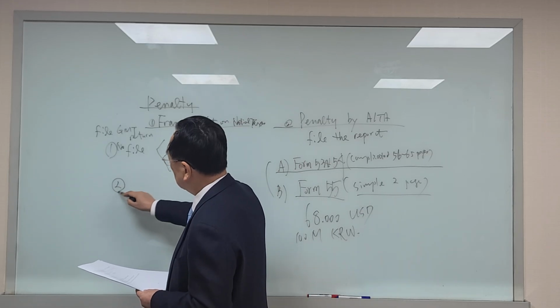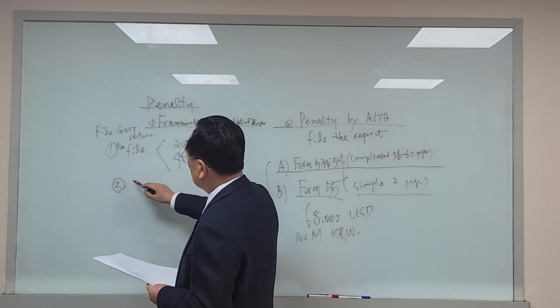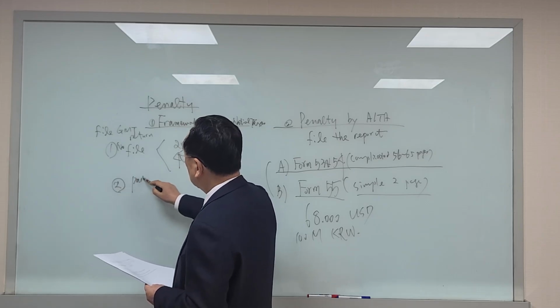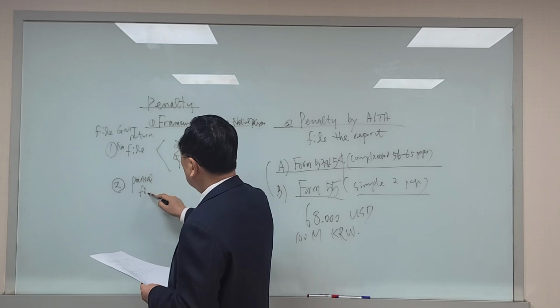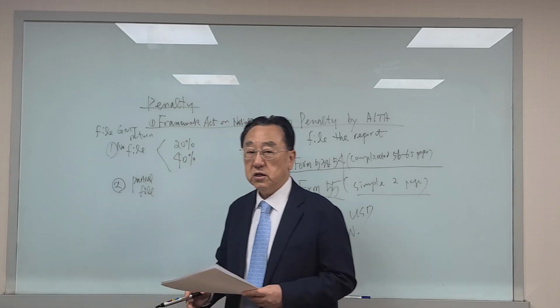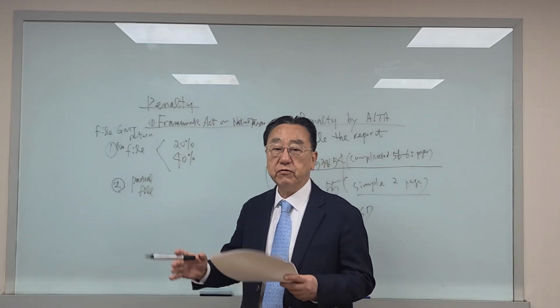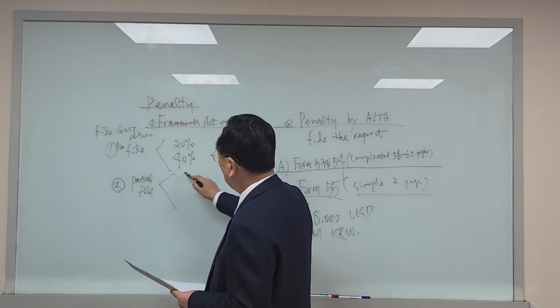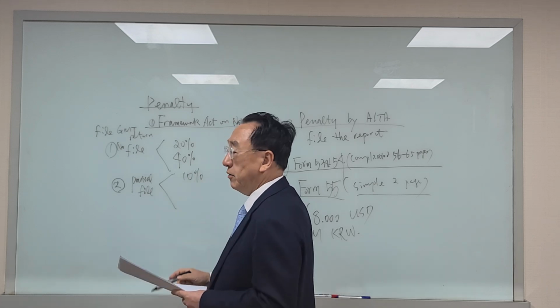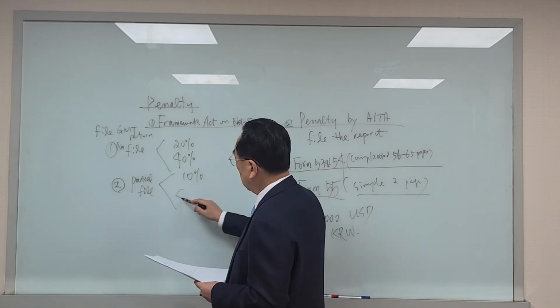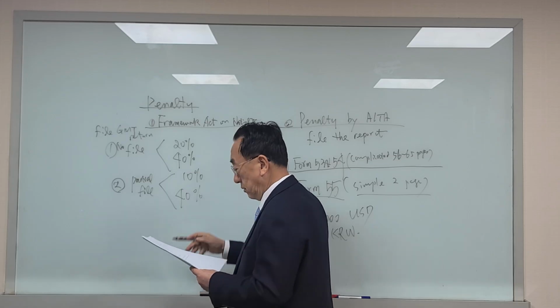And number 2 is a partial fine, where the amount filed is smaller than what should be filed; in that case normally 10%. But if there is some fraudulent event, then 40% will be applied.